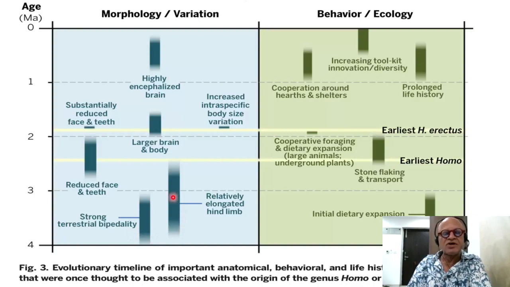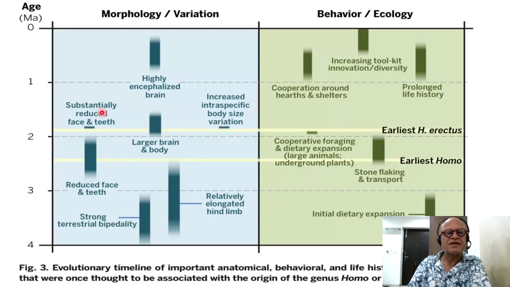Relatively elongated hind limbs, so the bipedality came with different morphological changes in the spine, connection to the cranium, growth of the cranium, brain, etc. Reduced face and teeth, so that also changed the jaw structure, jaw muscles, and brain size and body size.